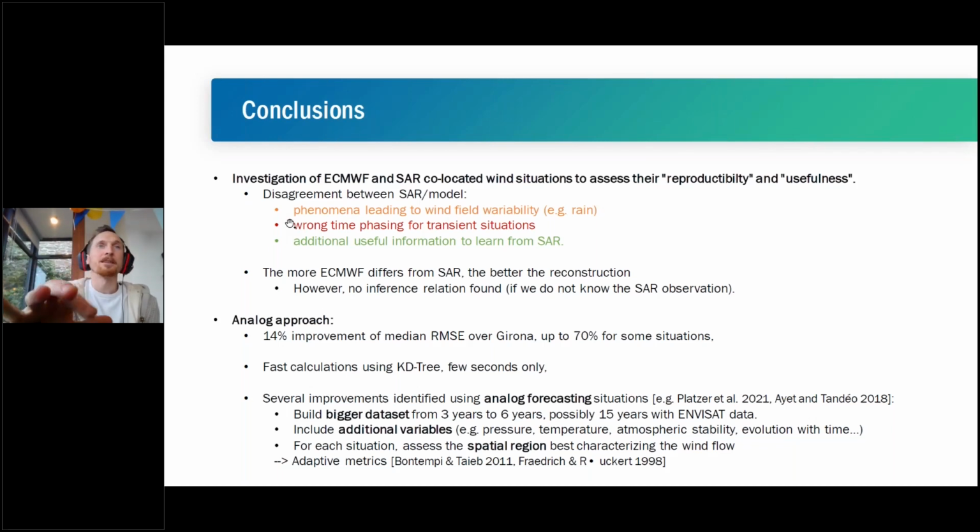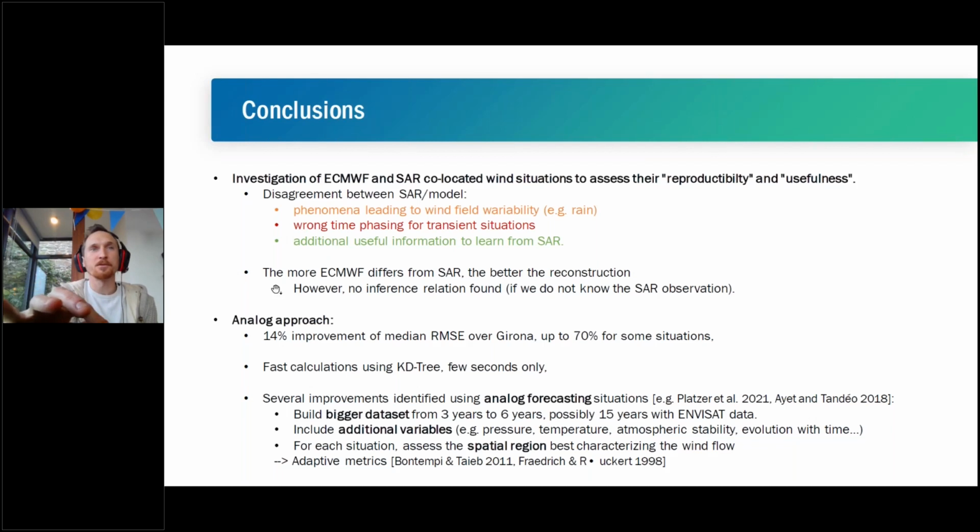But we still manage, for other cases corresponding to a very often met wind situation, to find some additional useful information in the SAR data. Also, the more the ECMWF differs from the SAR, the better the reconstruction works.